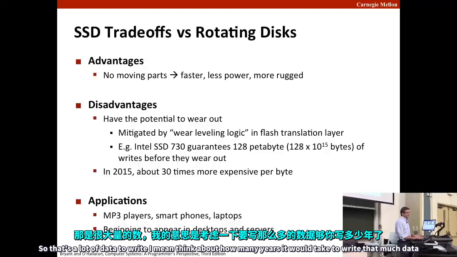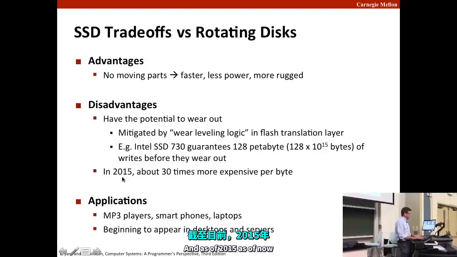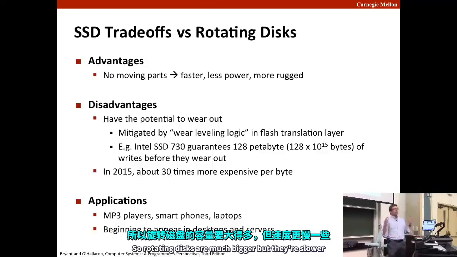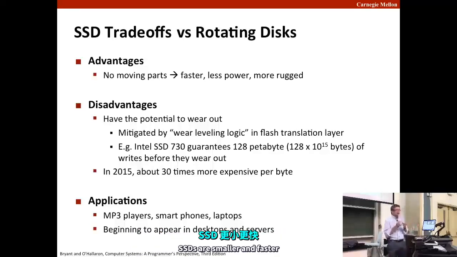So that's a lot of data to write. I mean, think about how many years it would take to write that much data. And as of 2015, they're a lot more expensive per byte than rotating disks. So rotating disks are much bigger, but they're slower. SSDs are smaller and they're faster.